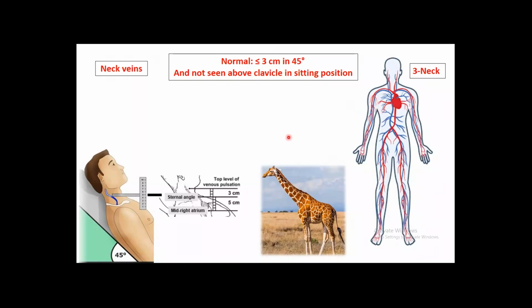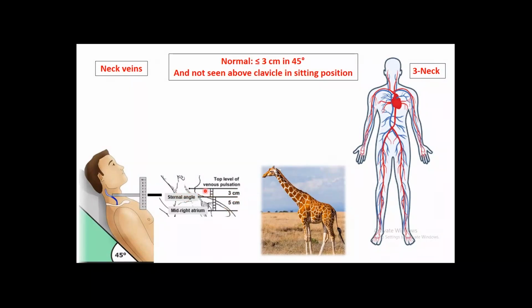What is the normal right atrial pressure? Normally it is less than 8 centimeter water. We know that the distance between the mid level of the right atrium and the sternal angle is about 5 centimeter, so normally the elevation of the column of blood in the internal jugular vein above the sternal angle should be less than 3 centimeter, because 3 plus 5 is 8 centimeter, which is the upper cutoff point of right atrial pressure.